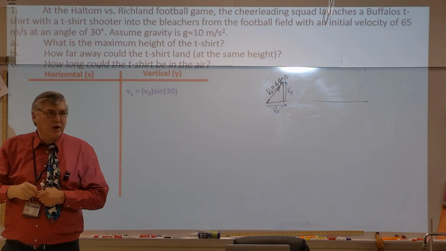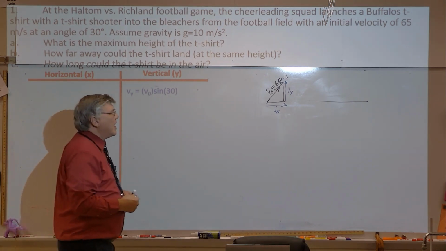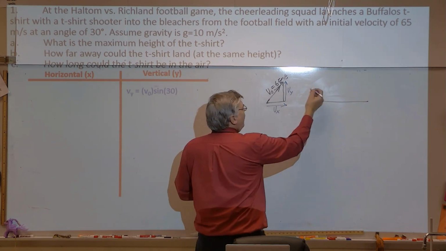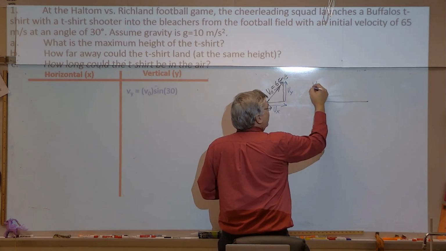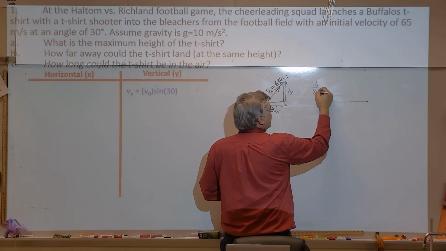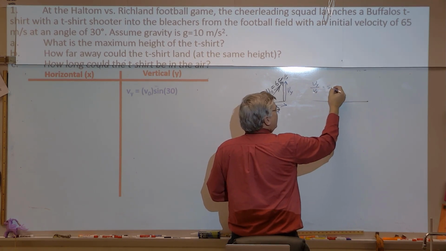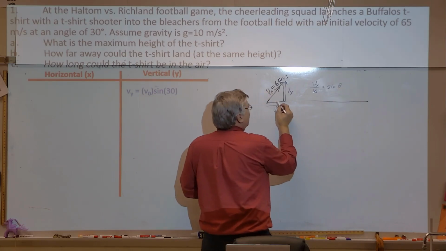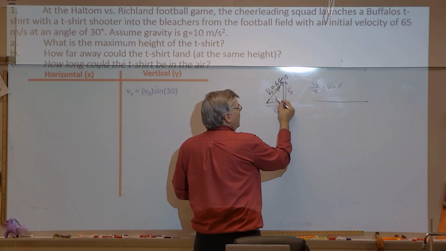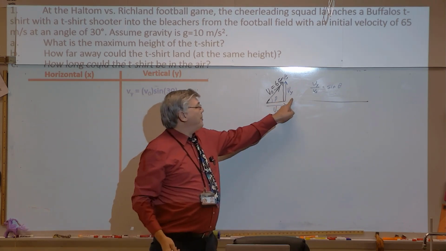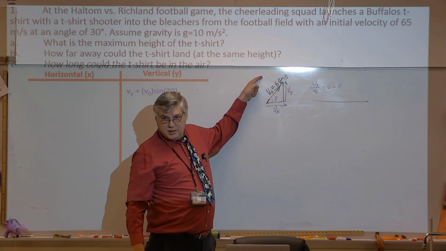Since that's a triangle, we can use our sines and cosines. You don't have to write this down, I'm just going to show you: Vy over V0 is equal to the sine of this angle theta.